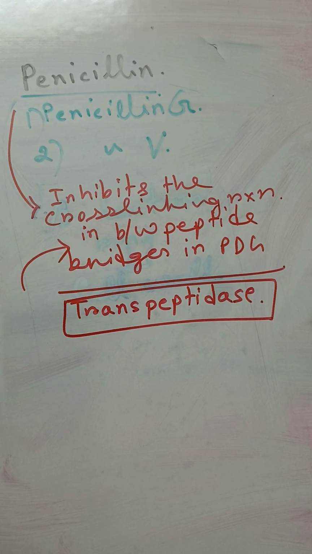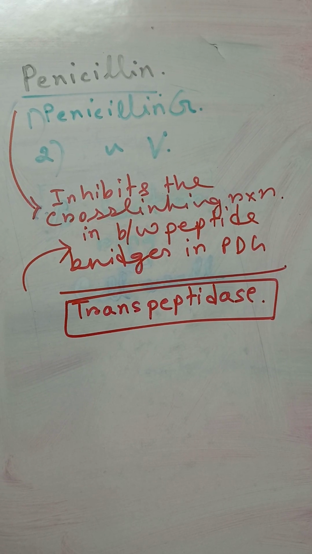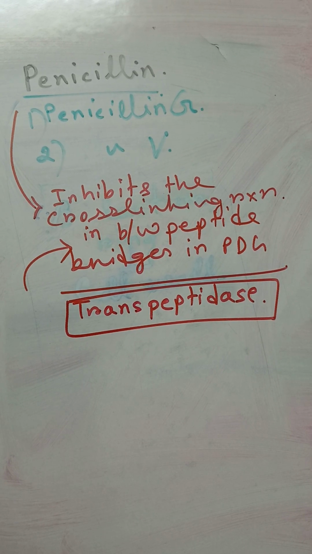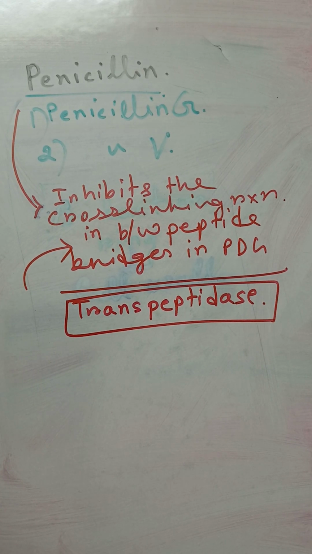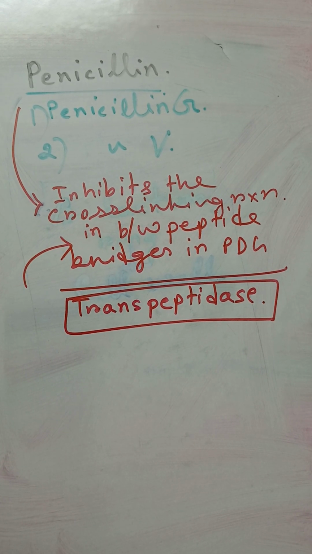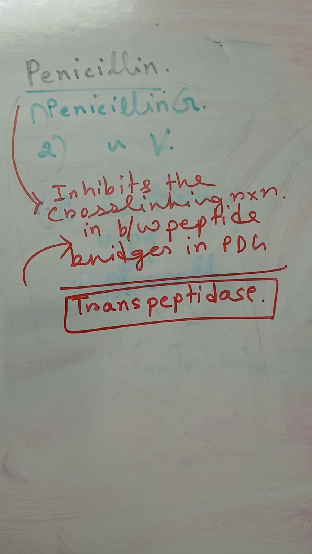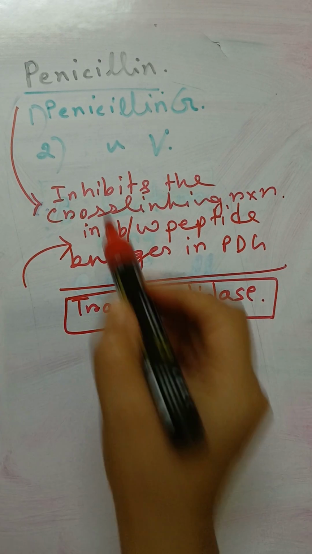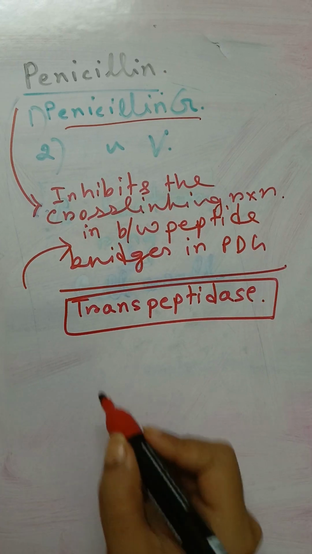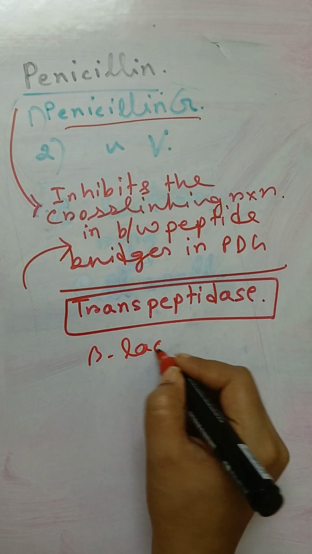And there is the pentapeptide linkage and all, that will make the PDG helixes, PDG branches. So transpeptidase is the main enzyme which plays a very important role in this cross-linking, so that the PDG will form in a proper way.